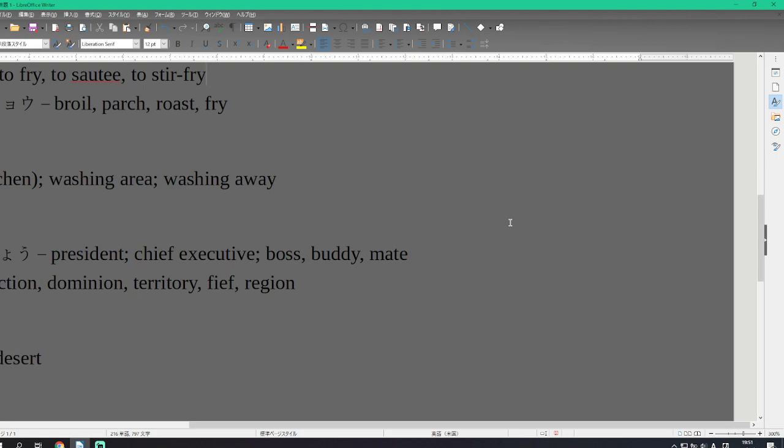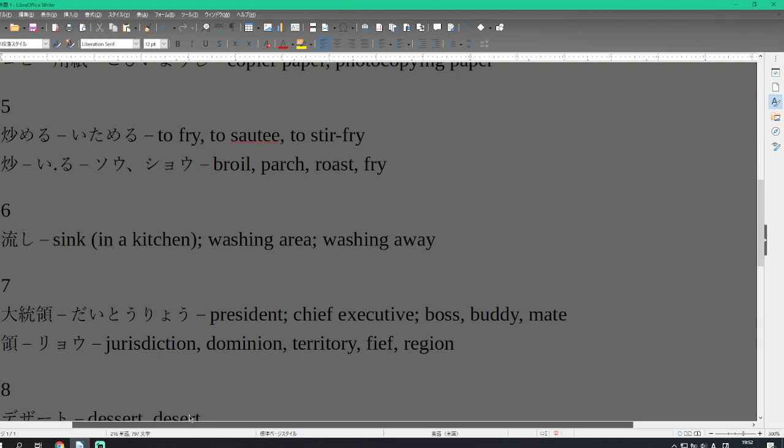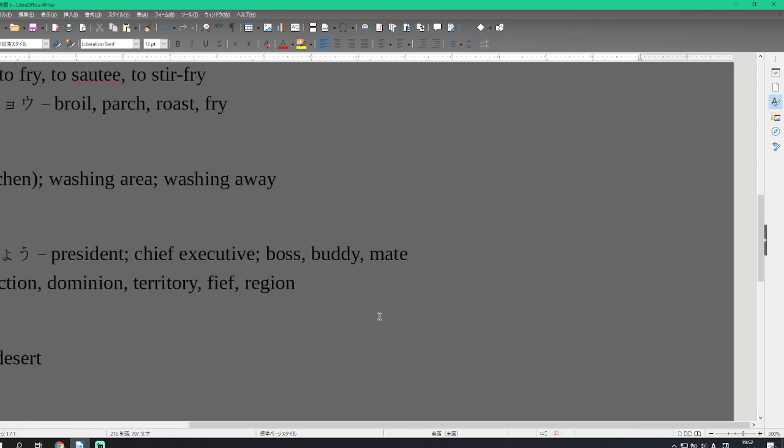What is inside the turtle shell? Orders. Daitoryo. The chief, president, or executive. Daitoryo. A dessert or a desert is a desato.